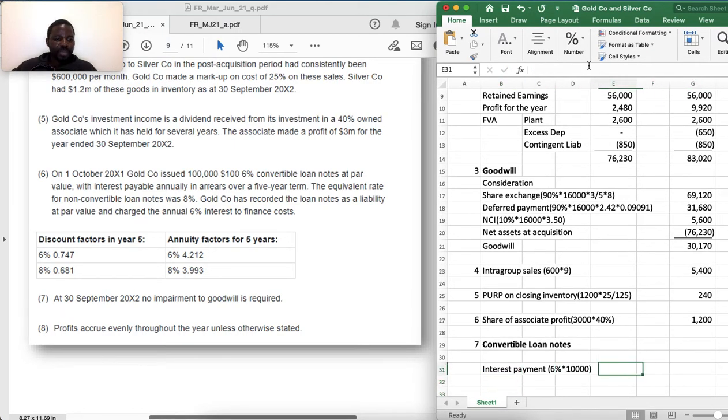The interest payment will be 6% multiplied by 10,000. We get 600. There is the principal amount. Principal amount is 10,000. Then now we have to discount this.